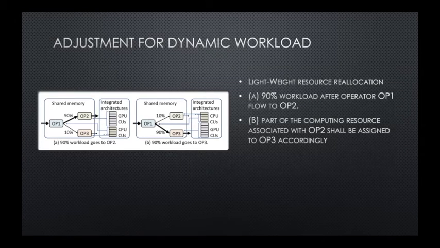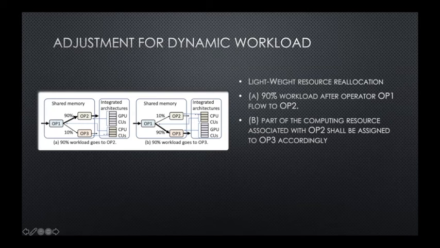Now let's see how to adjust for dynamic workload. Here the performance model needs to calculate the workload ingestion rate, which means the data arrival rate of the branch. When the workload ingestion rate of a branch decreases, it can calculate the reduce ratio and assume the computing resources in that branch can be transferred to other branches.